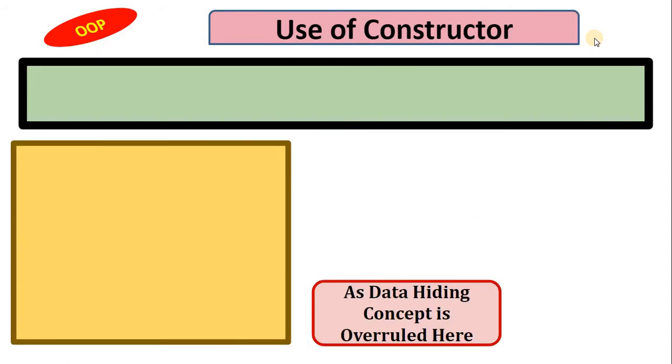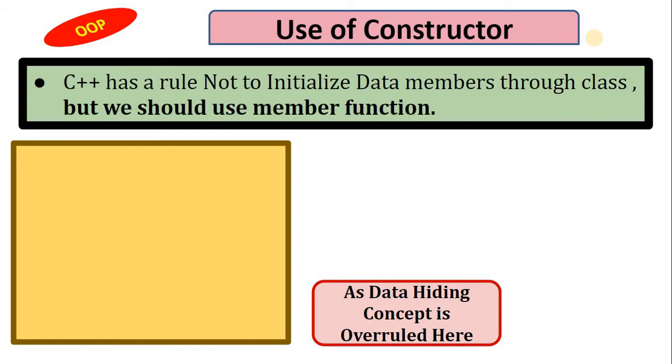Now consider the use of a constructor. C++ has a rule that you should not initialize the data members through the class, but we should use a member function to initialize the data members. For example, if you have a class calc, and if I'm writing int num1 is equal to 10, int num2 is equal to 20, then your data hiding concept is overruled because I'm directly assigning the values to num1 and num2.